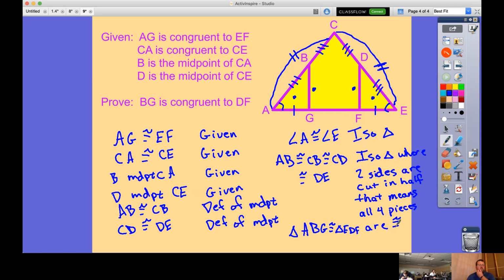How do we know that those two are the same now? Side angle side. Yeah, side angle side. And we've got one step to go, right? BG is congruent to DF. Based on what again? CPCTC.